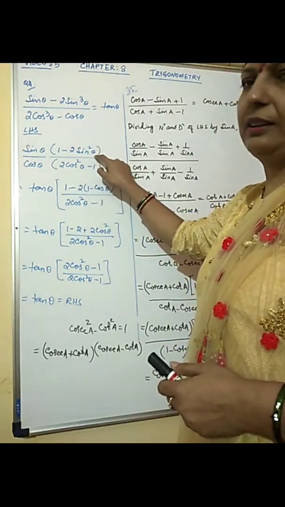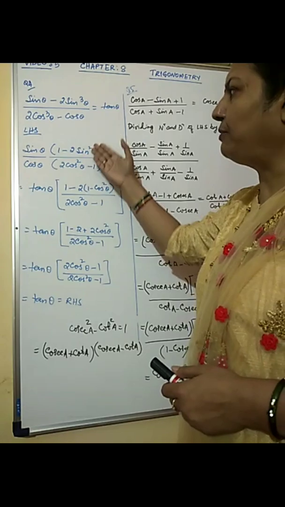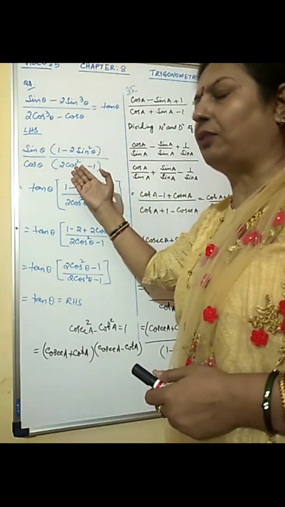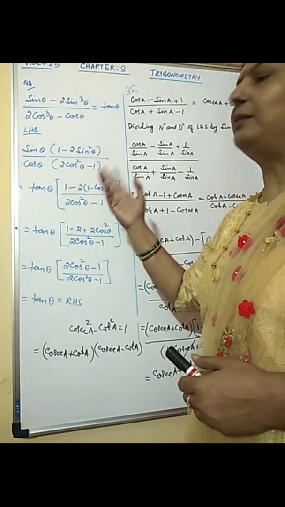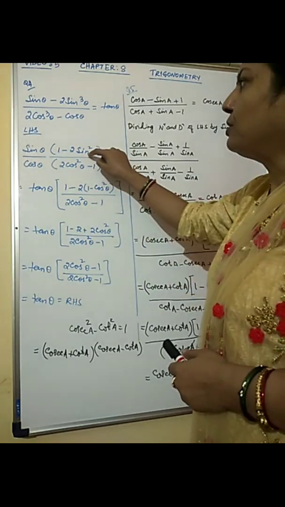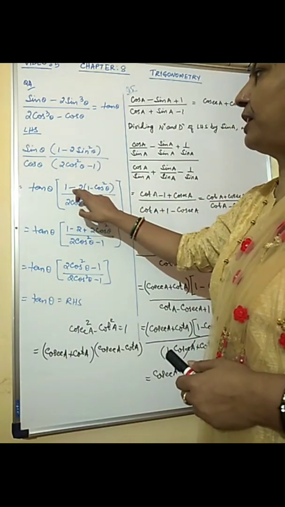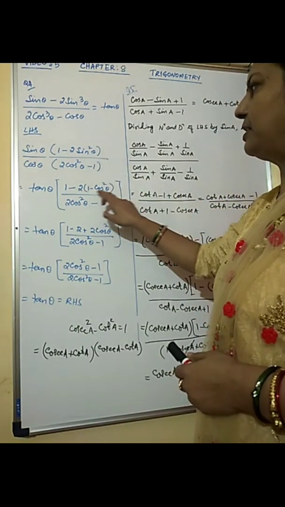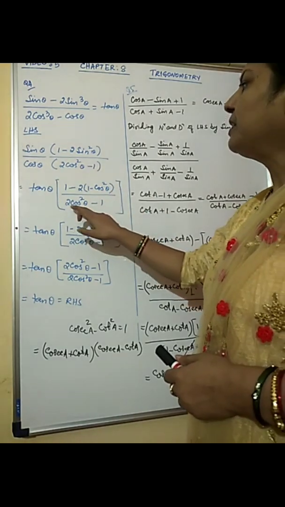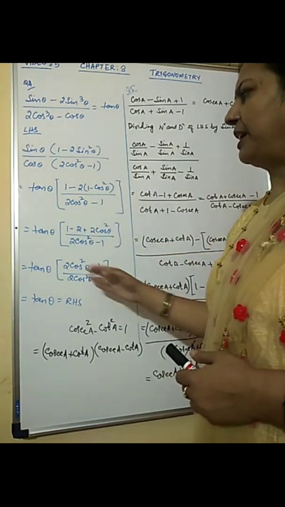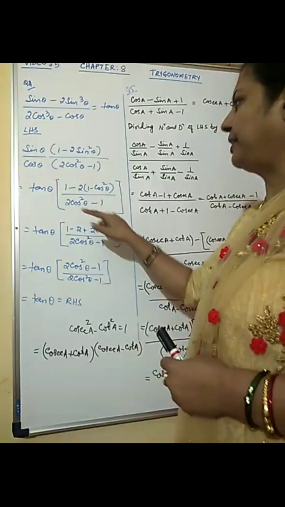So you have to just bring sin square theta or cos square theta both in the same terms. So I have changed the numerator. You get 1 minus 2 into sin square theta is 1 minus cos square theta upon 2 cos square theta minus 1. So this tan theta result is already ready.